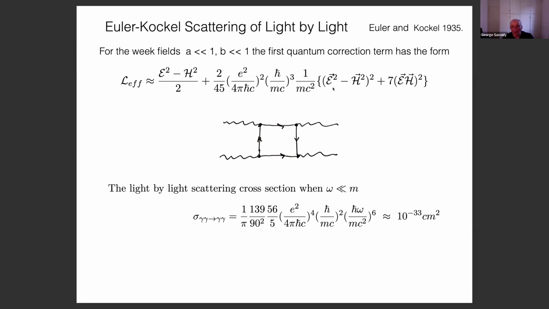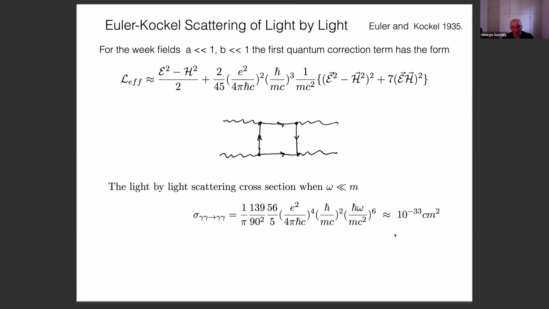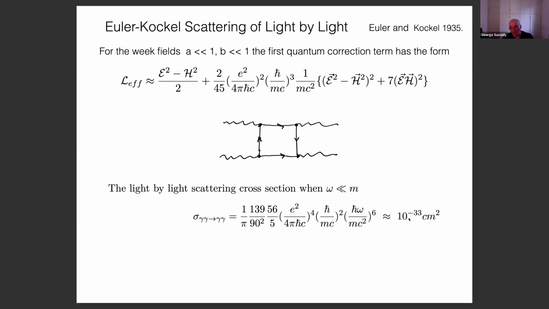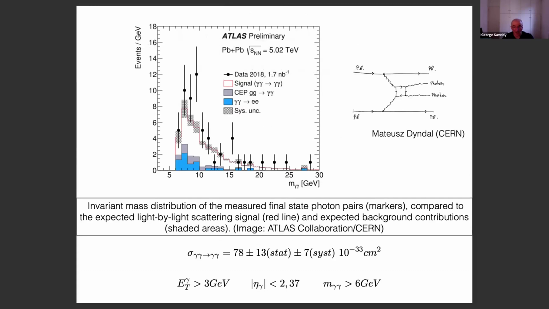And this term is associated with the fact that you have this loop of electron-positron pairs, and therefore it produces scattering of the photons. In classical theory, photons are not interacting, but through this loop, they interact. And if you calculate the cross-section, it is very small, it's 10 to the minus 33 centimeters square.